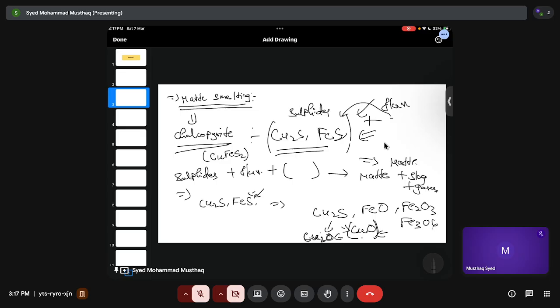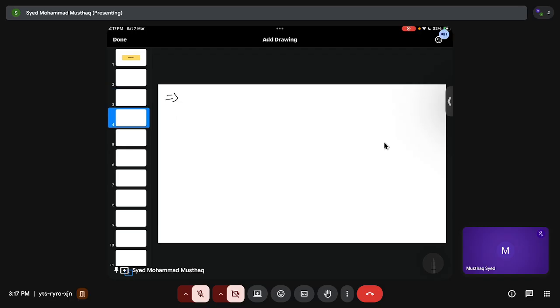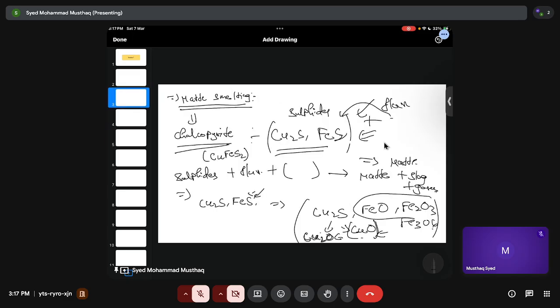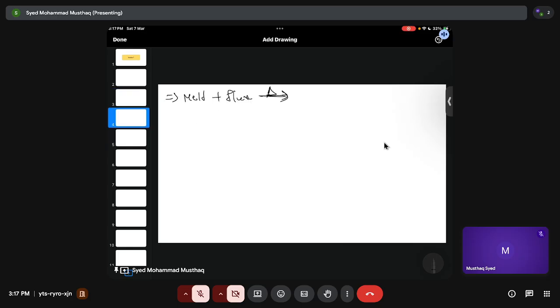Now, once I do this, I'm going to melt it. Right? And for melting, I'm going to add flux and heat it. So whatever oxides are there, and because I'm adding silica, right? They are basic oxides, whatever we are forming.